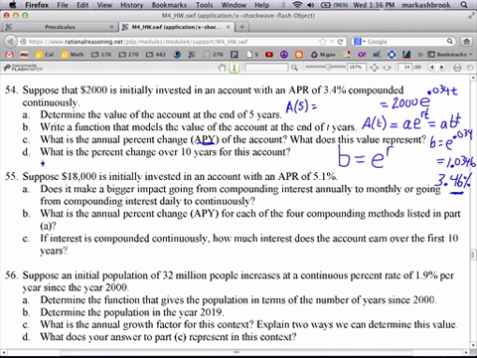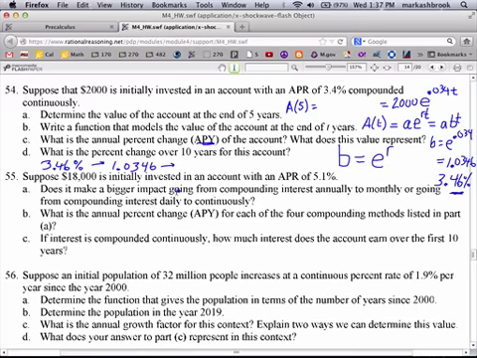So we've got the percent change for 1 year. So the first thing we want to get is the growth factor for 1 year. Here. That's the 1 year growth factor.